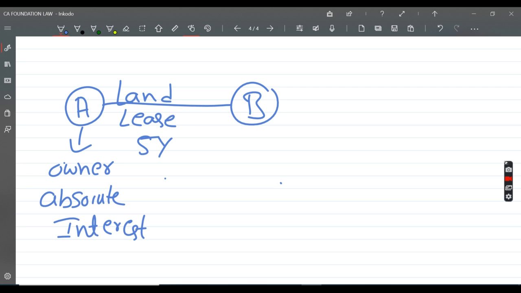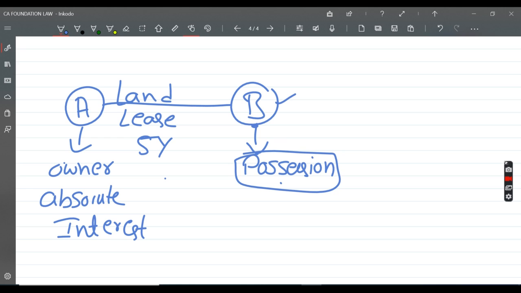Now he gave the land to B. B has possession, B is using the land, so that's why he has possession. But can B sell the land? No, he cannot sell the land because he is not the owner, he does not have absolute interest. He can use the land, but only up to 5 years. After 5 years, he needs to return the land to A. That is called reversion.